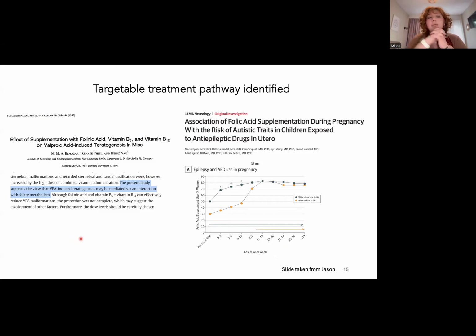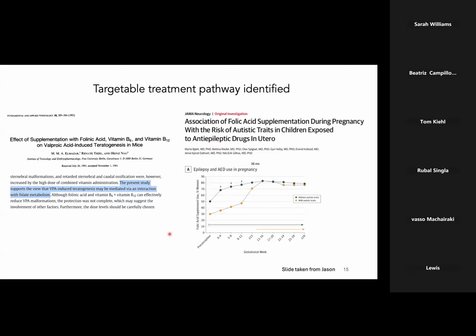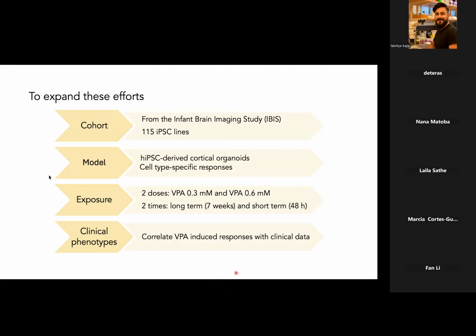This was very interesting for the lab, since folic acid supplementation along with related vitamins was shown over 30 years ago to rescue VPA-induced teratogenicity in mice, and in humans, folic acid supplementation during pregnancy has been associated with a reduction in autistic traits in children. Altogether, this GWAS approach led us to a targetable treatment pathway that has already been validated in both mouse and human.